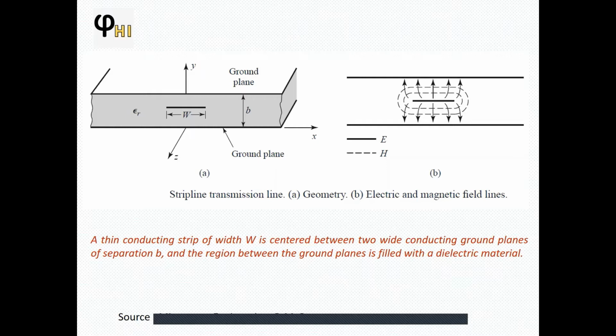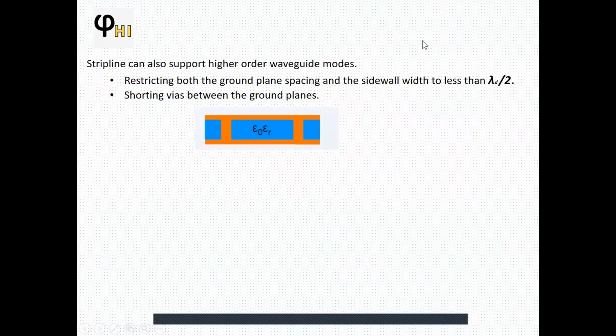So the geometry of the coaxial cable and the strip line is more or less similar. That is why the strip line also supports the transverse electromagnetic mode. And when it supports the transverse electromagnetic mode, it can also support higher order waveguide modes.